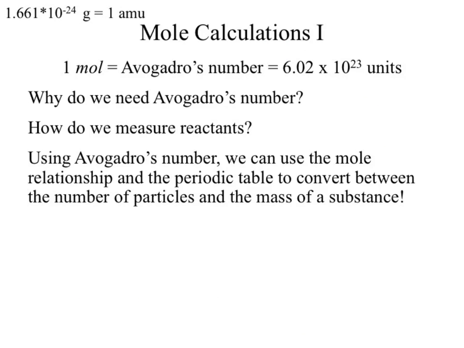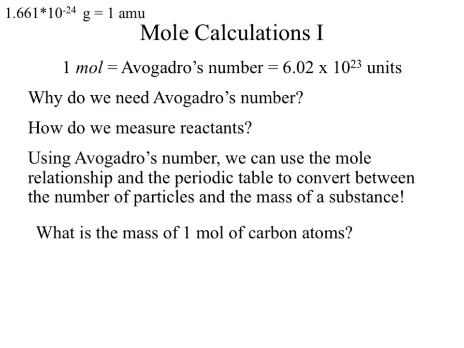So Avogadro's number, we can go through and do a whole bunch of these things and look at all sorts of fun relationships. We can see that we have a relationship between our molar mass and our atomic mass on the periodic table. So we could convert atomic mass units over into grams per mole. It's a really exciting calculation, which is going to be kind of boring.